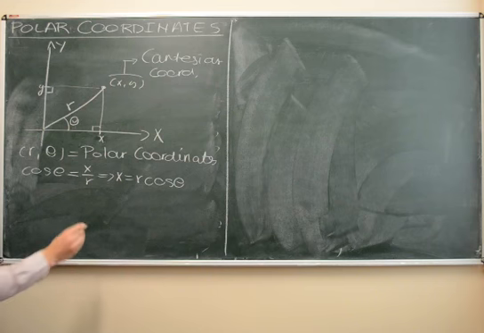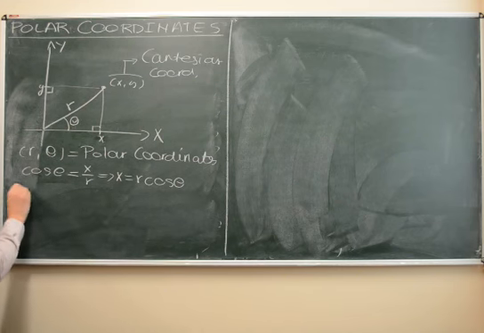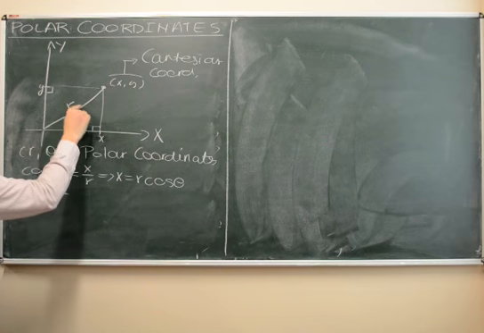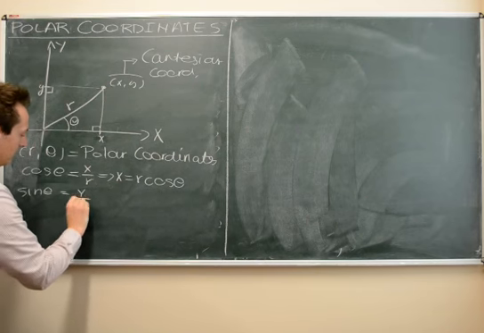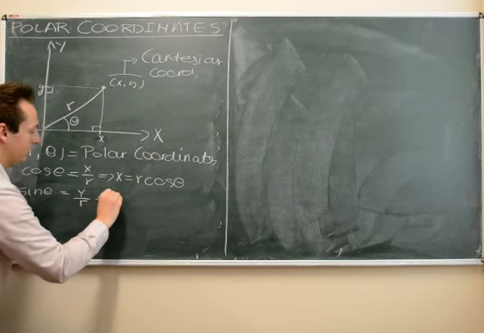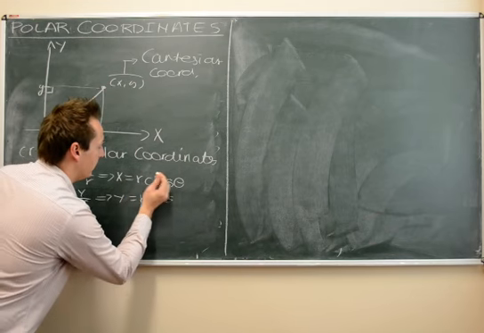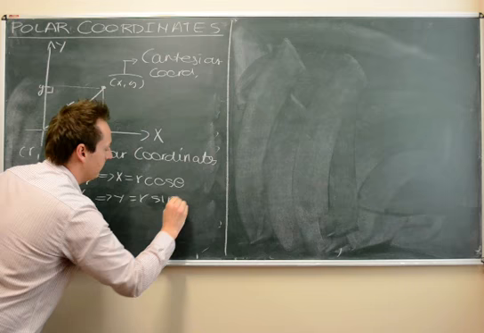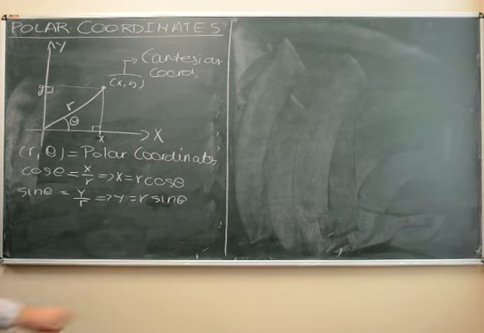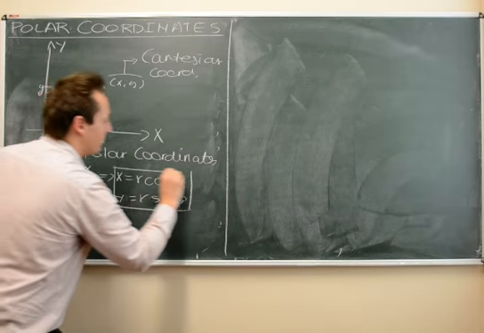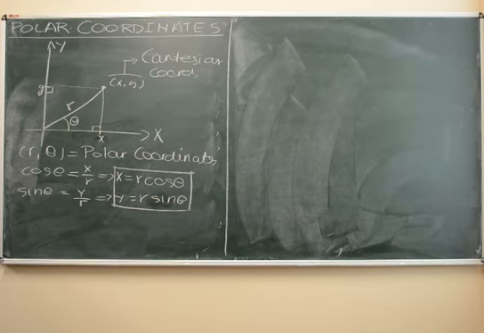And if you do the same thing with sine theta, then sine is opposite over hypotenuse. So y over r, so you get y is r sine theta. So those are the two basic formulas that tell you how the Cartesian and the polar coordinates relate to each other.